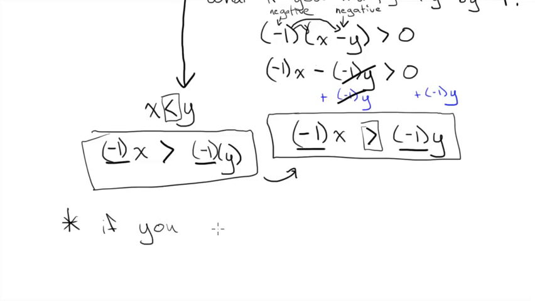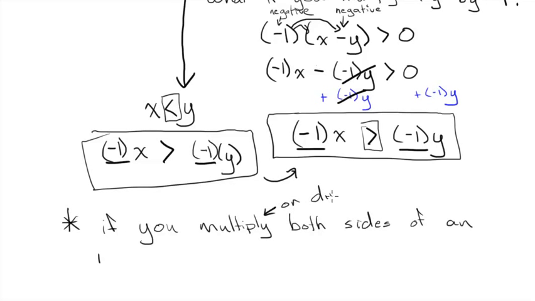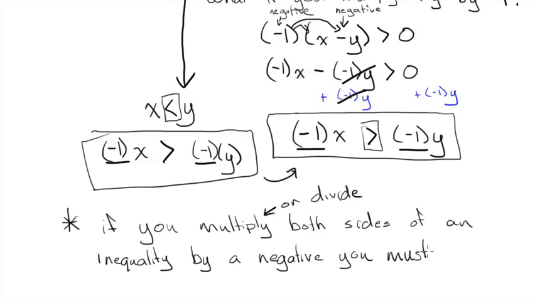So if you multiply both sides of an inequality, or divide, both sides of an inequality by a negative, you must switch the direction of the inequality.